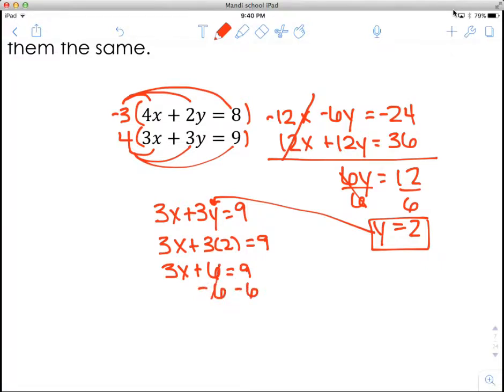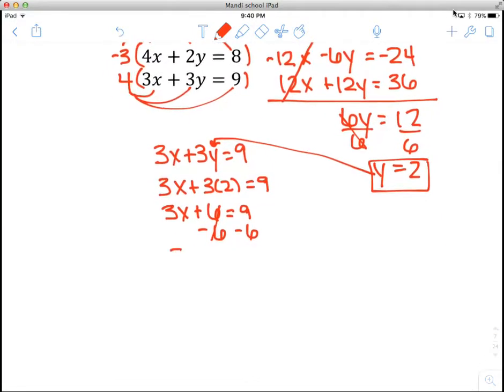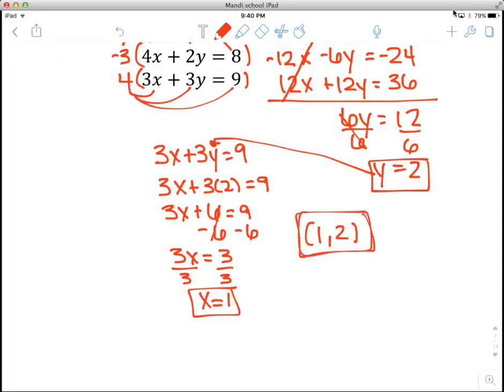Subtract 6 from both sides. 3x equals 3. Divide both sides by 3, x equals 1. Now remember, the answer is a coordinate, x, comma, y.